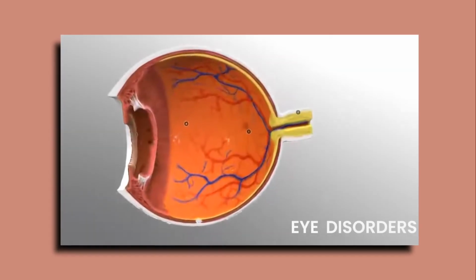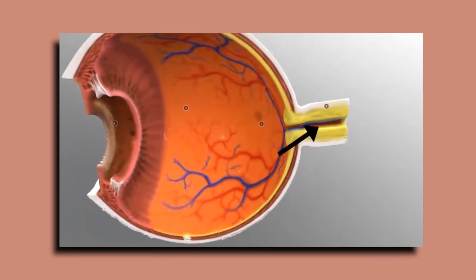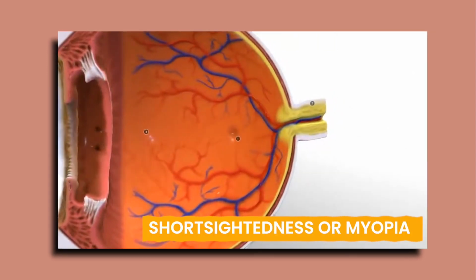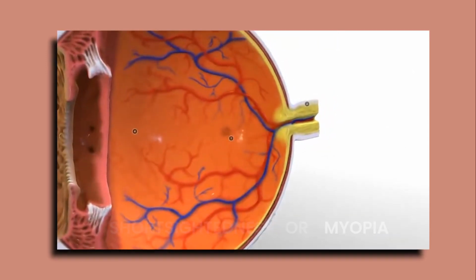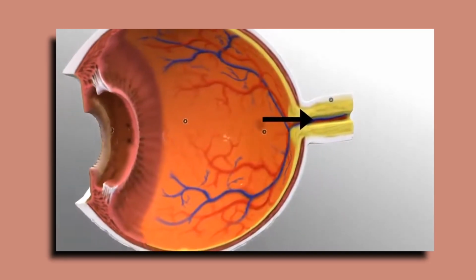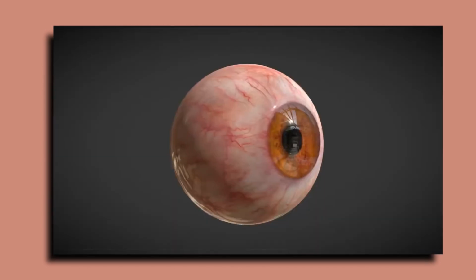Now, coming to understanding the eye disorders, that is, refractive errors in detail. There's something called short-sightedness or myopia. What is short sight? Myopia is a condition of the eye where light focuses in front of, instead of on, the retina.